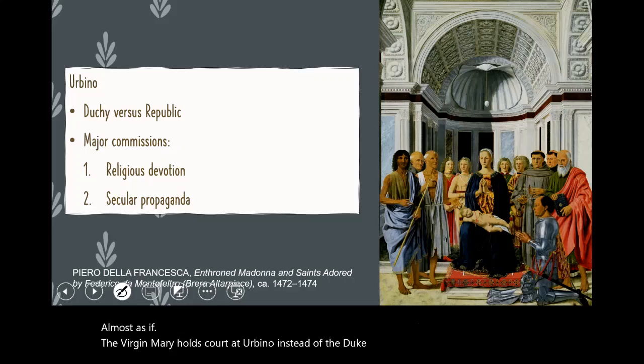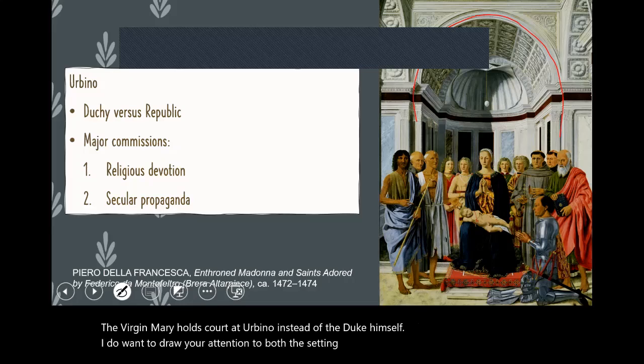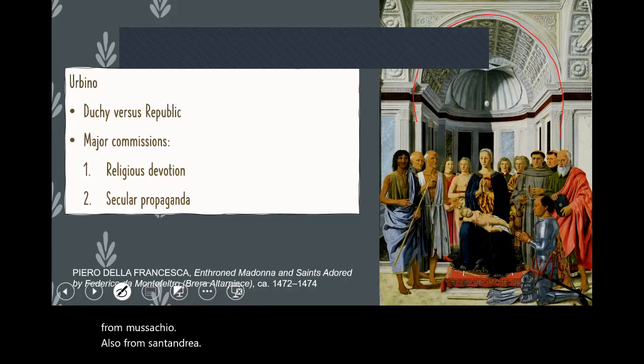I do want to draw your attention to both the setting, this architectural setting we can recognize from Masaccio, also from Sant'Andrea, designed by Alberti, and the coffered vault.